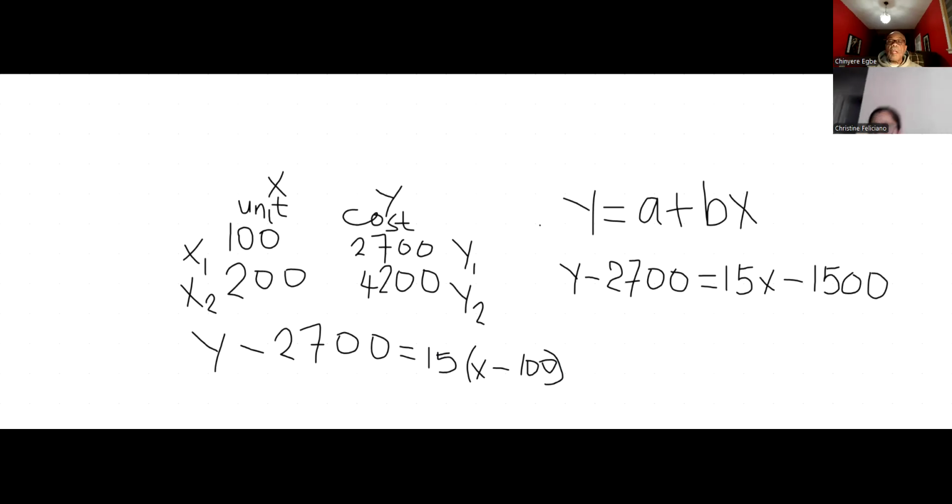And so now you're going to take 2700 on both sides. If you add 2700 here, your normal algebra thing, that cancels out.